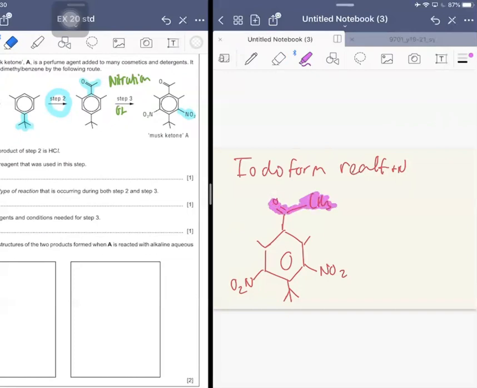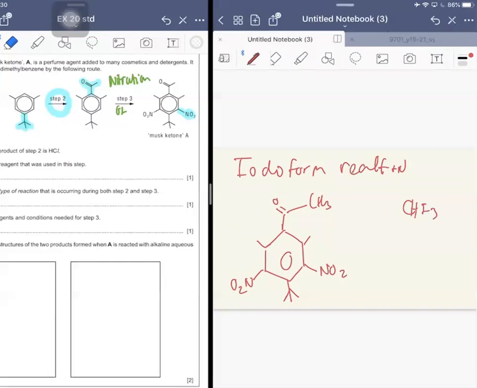In an iodoform reaction, you will form a triiodomethane. Basically, the H3 of this CH3 is being replaced by iodine. So that's why you form CI3. No, CHI3, triiodomethane. Okay, CHI3.